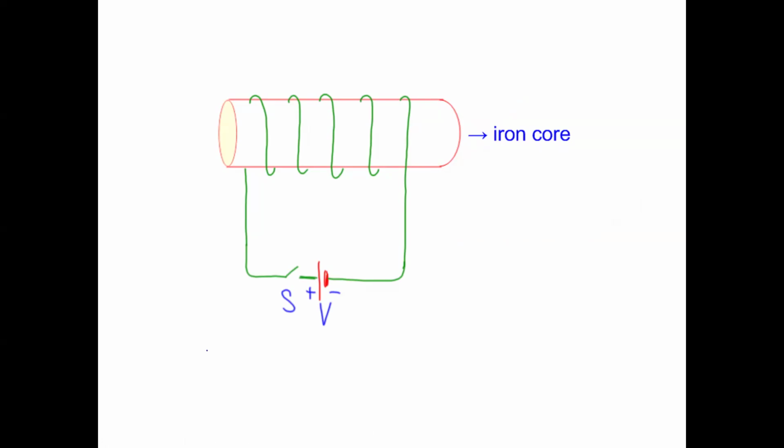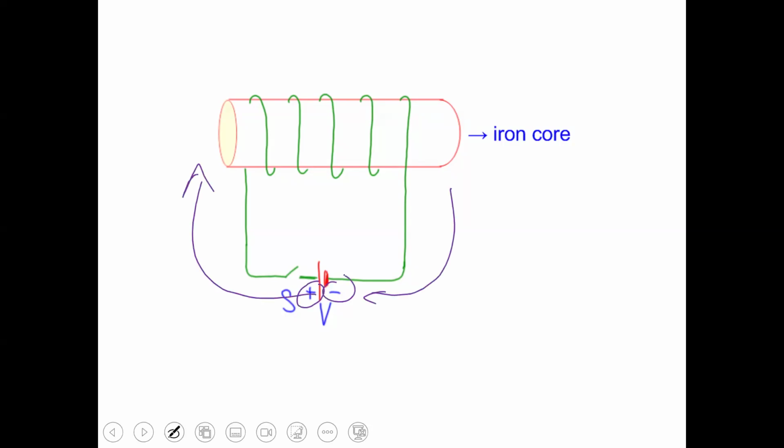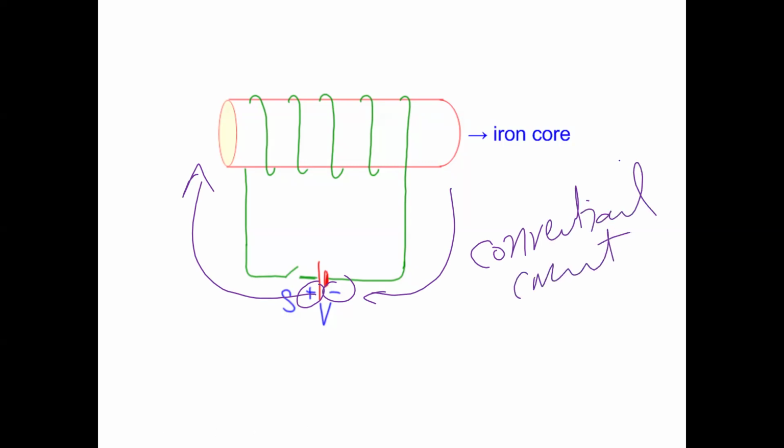So now let me know, in our O level, AS level, how do we determine the direction of current? This is the diagram. We have a plus and we have a minus. How do we recall the direction of current? Conventional current is always from positive to negative.